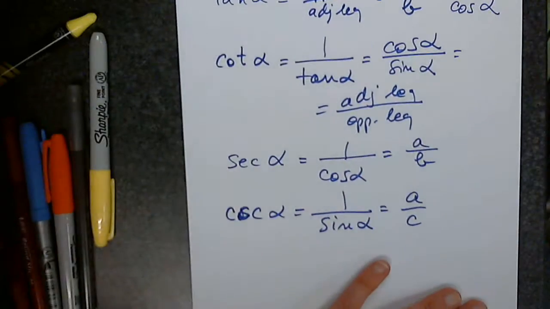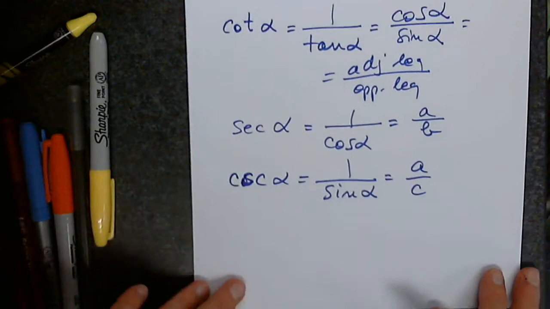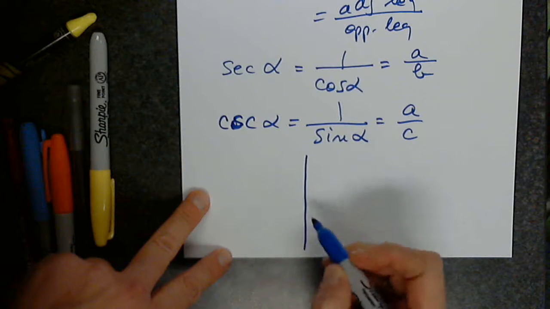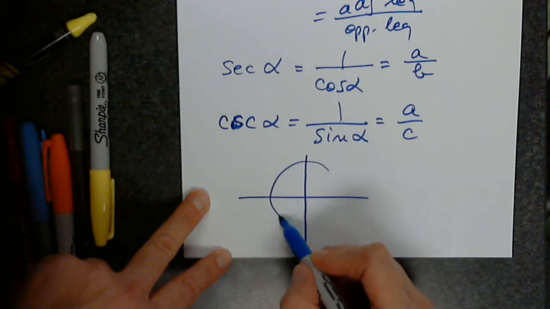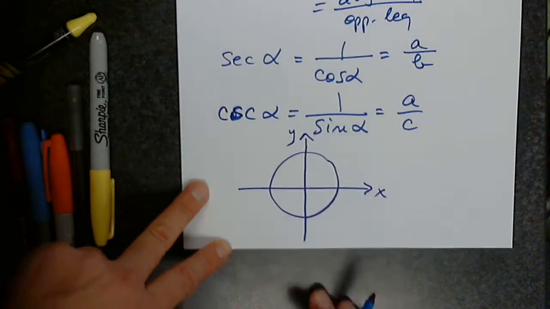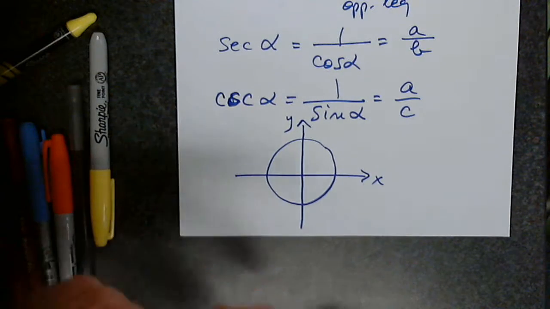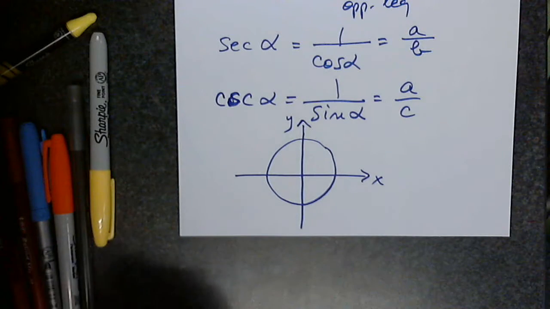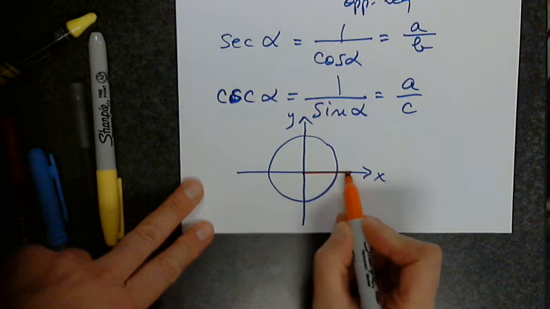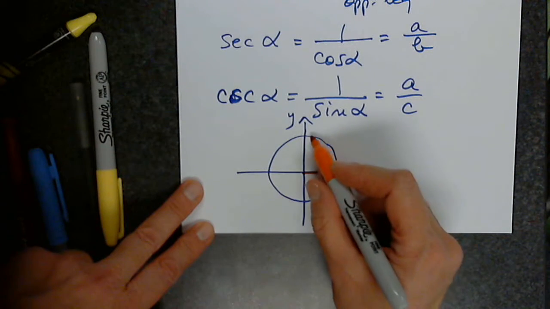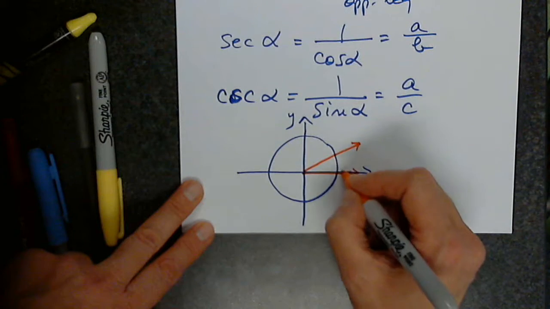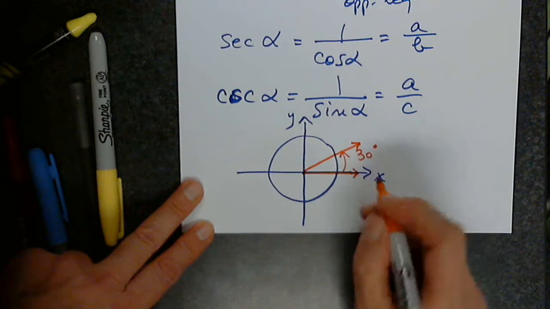Okay. Let's go back to the unit circle. I will form a right triangle in the unit circle with an acute angle of 30 degrees. So I divide this in 3. So this is the angle of 30 degrees.